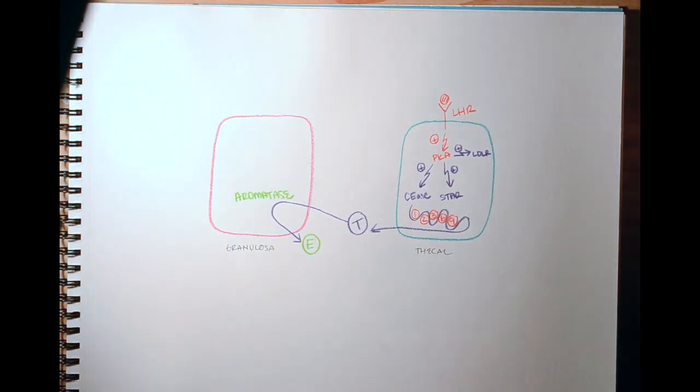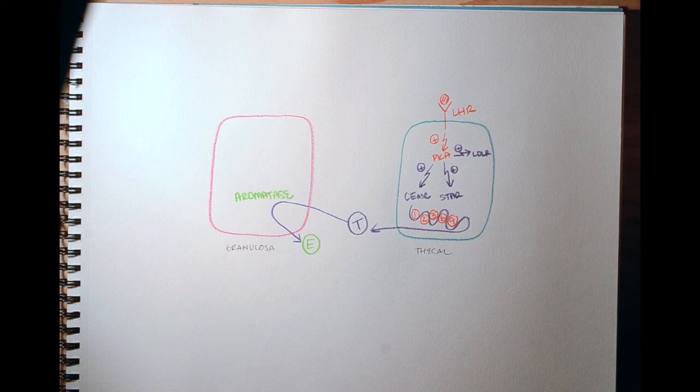So you would anticipate that in that antral follicle, either the early antral follicle, a late antral follicle, or the Graafian follicle, these follicles are going to be producing a large amount of estrogen.